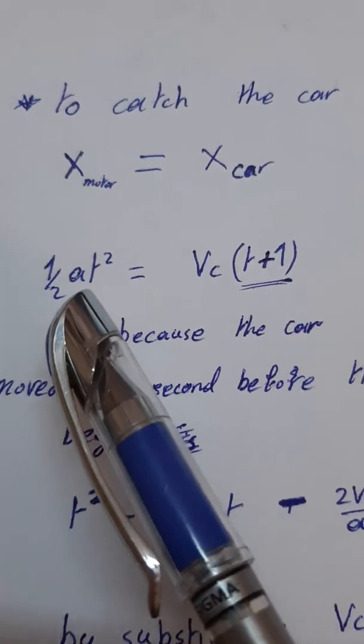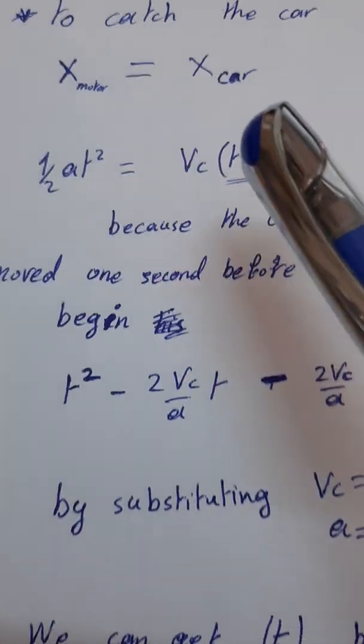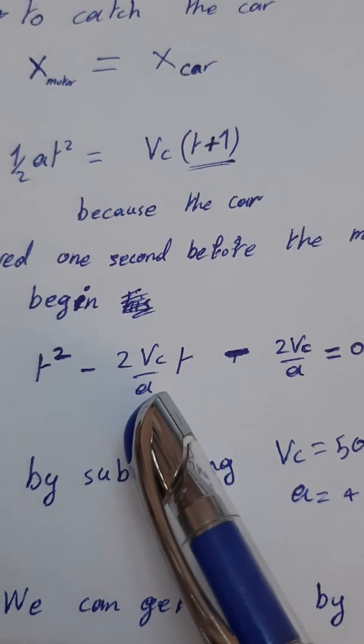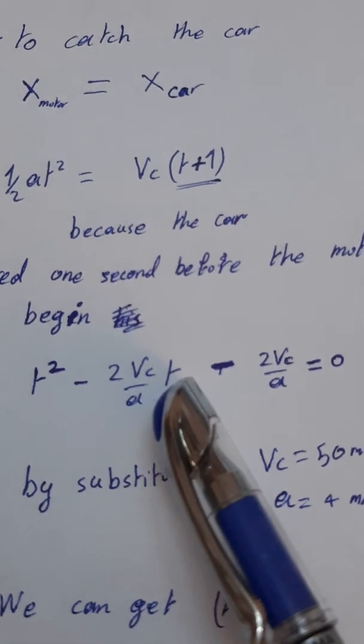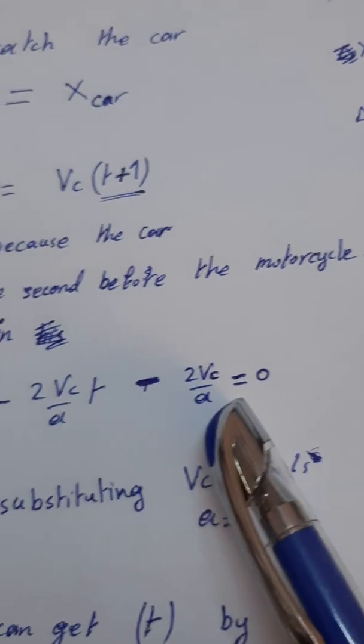Now we can reorder this equation to this one: t squared minus 2vc times t divided by a minus 2vc divided by a.